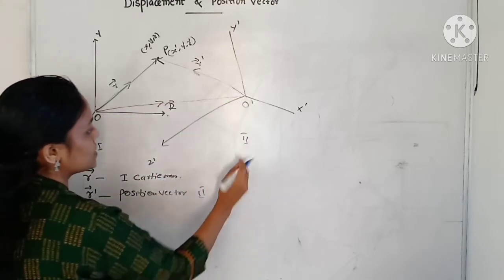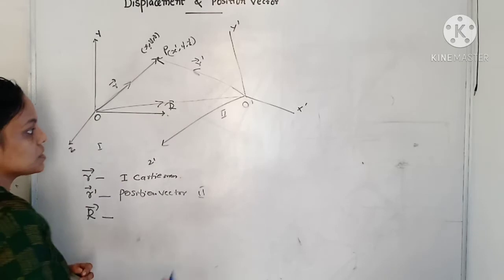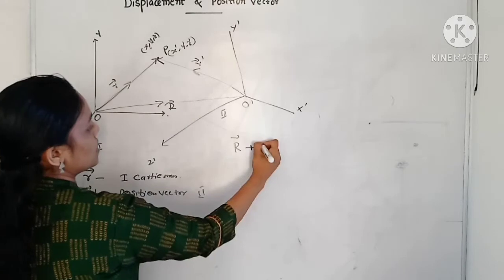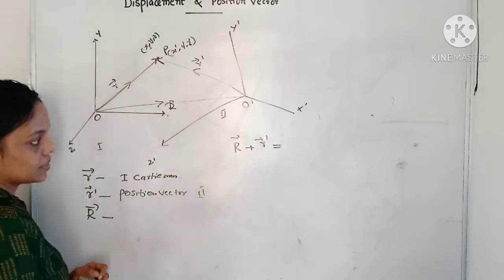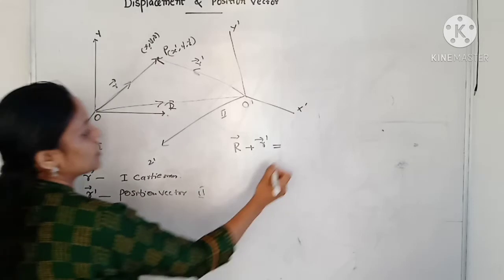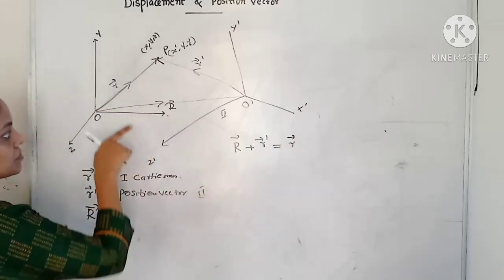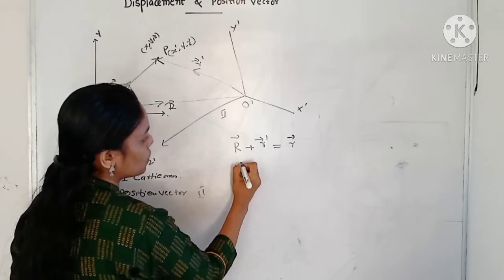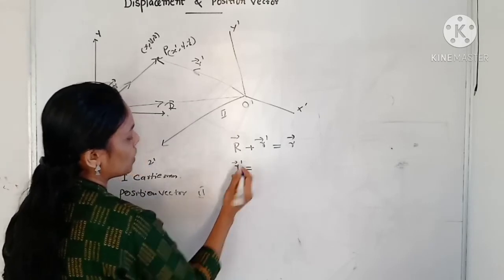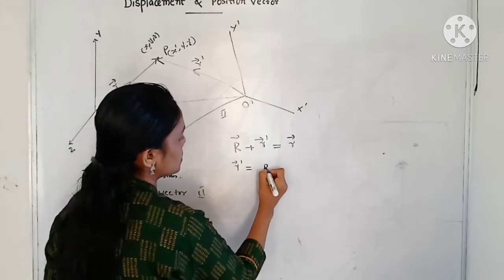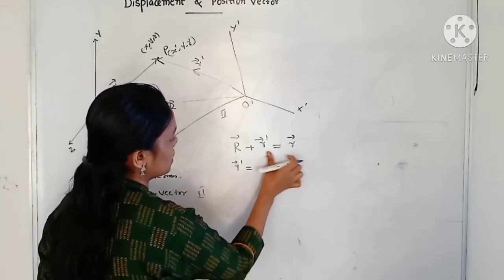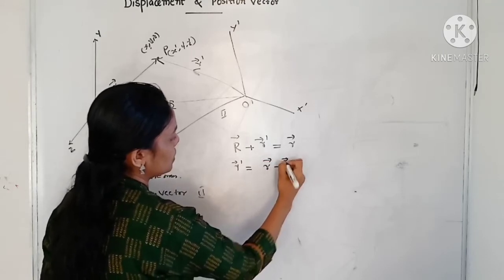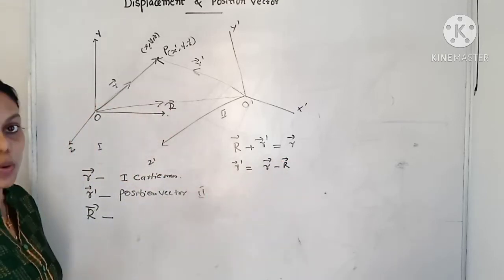So we can write, by using the addition of vectors rule, capital R plus r dash vector is the resultant vector r. Therefore r dash is equal to r minus R.